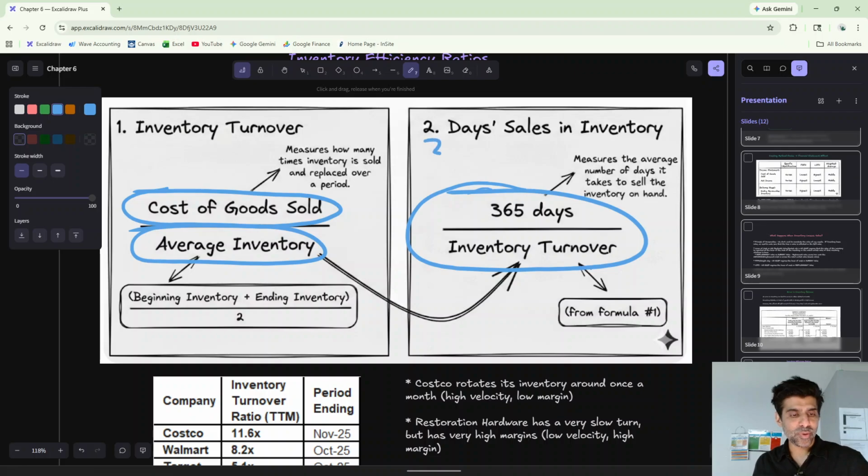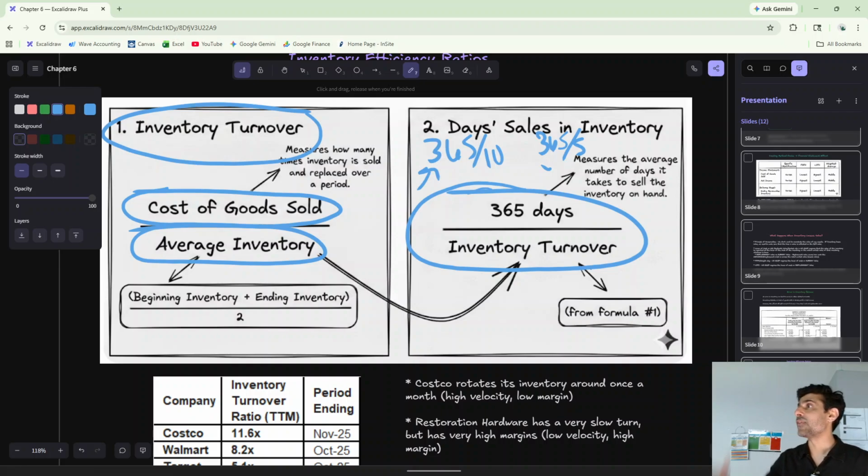So let's say you had a business that had a turnover of 10x versus 365 over 5, right? This is going to be a smaller number, meaning fewer days, versus this. Okay. I think inventory turnover makes more sense for me.